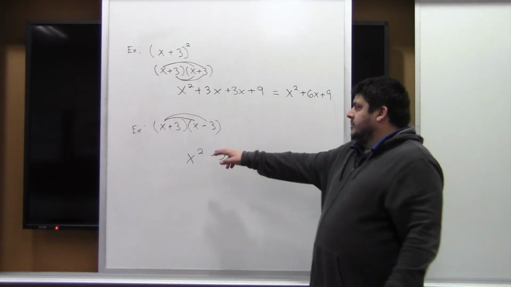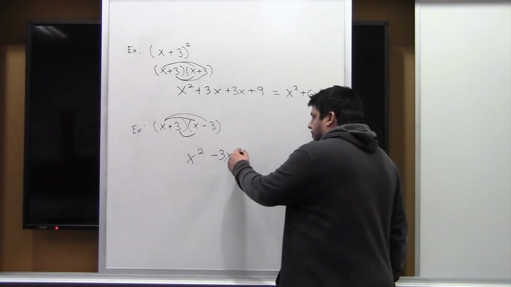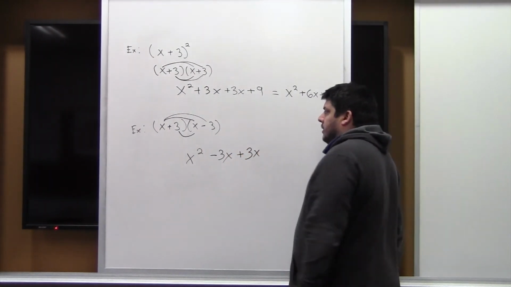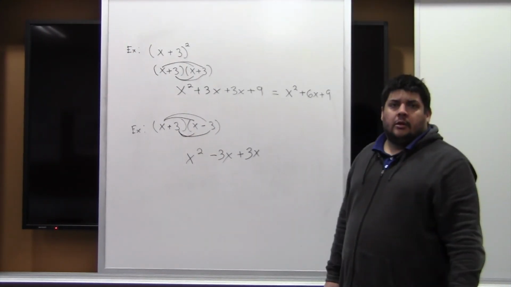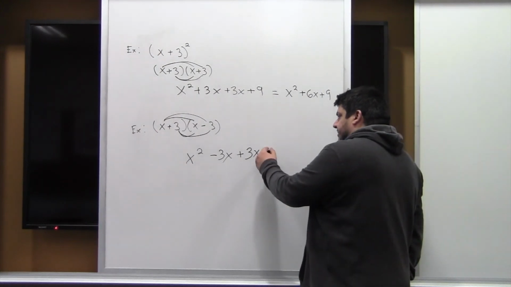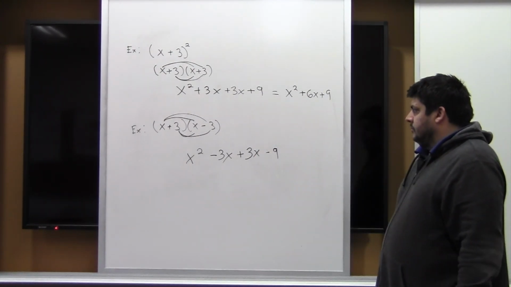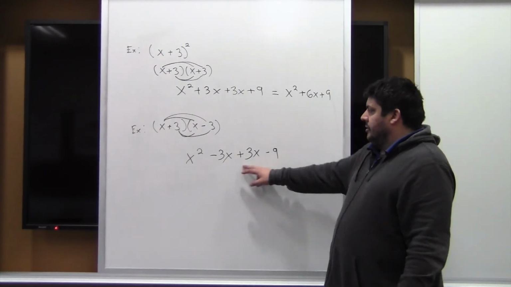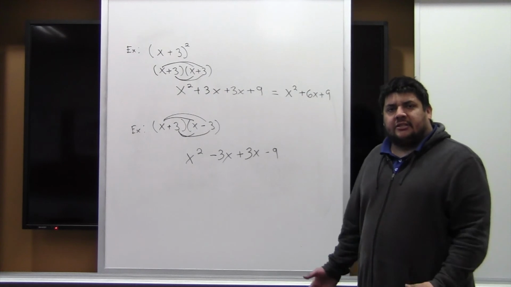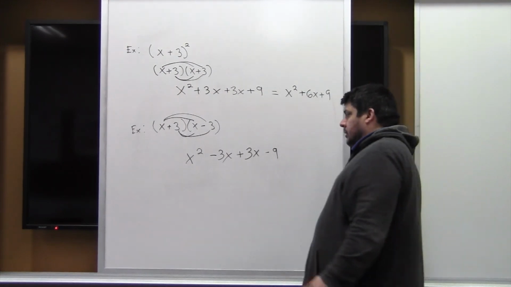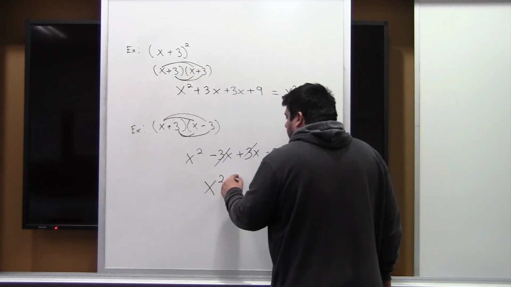The inside terms, which are 3 times x, so that's just 3x positive this time. And the last two terms here, 3 times negative 3, that's a negative 9. Okay? Now look what happens when we try to combine here. Well, negative 3x plus 3x, that just adds up to be 0. So these kind of cancel each other out here, and we're left with x squared minus 9.